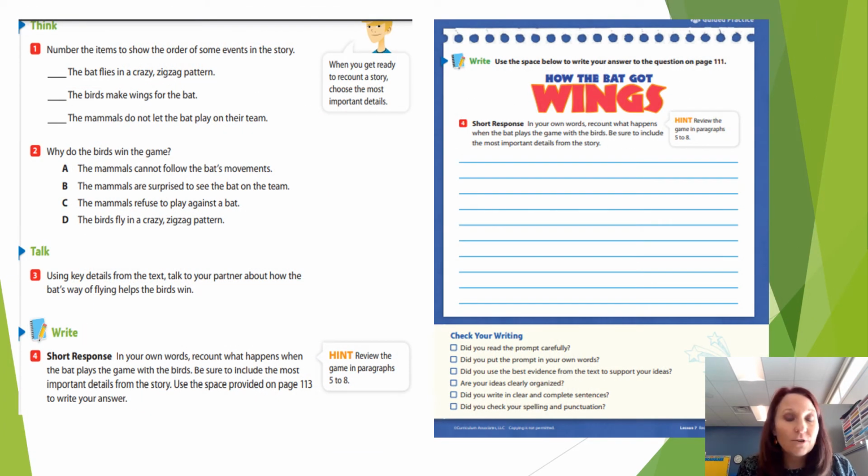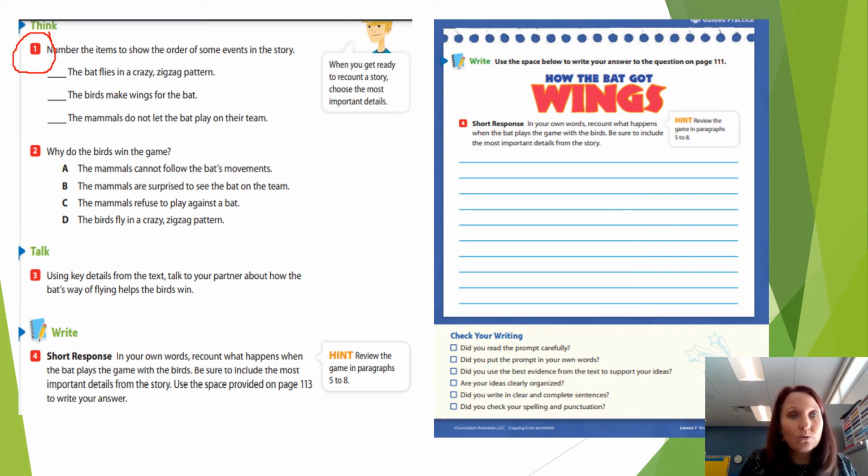So the next part of your assignment is going to be page 111. The first problem is asking you to number the items to show the order of some of the events in the story. So you're going to find out of those 3 events which one happened first, which happened second, and which happened third, and put the correct numbers next to the event in the order in which they happened.